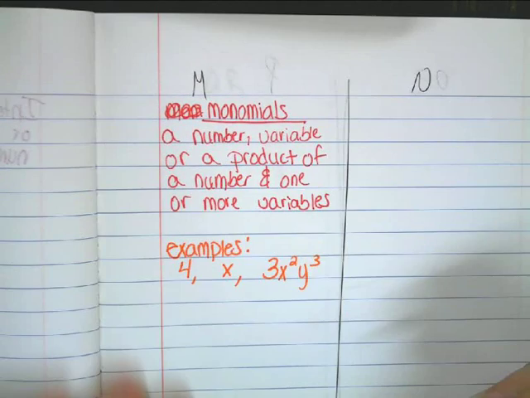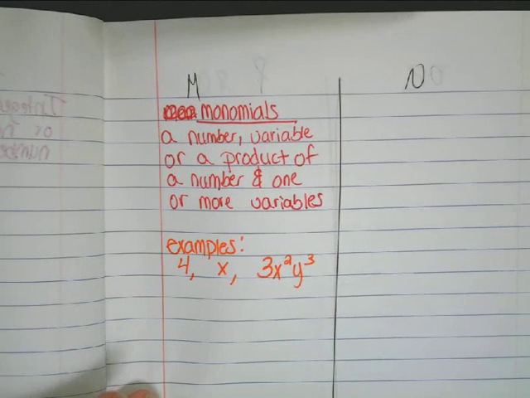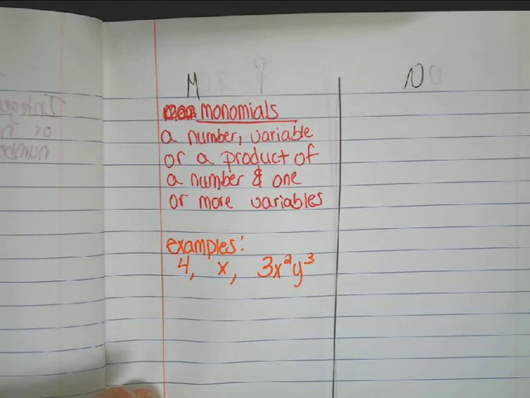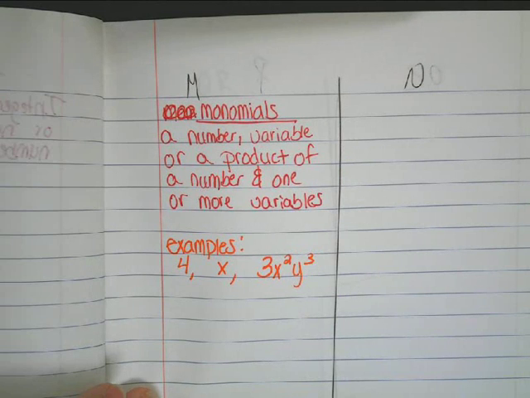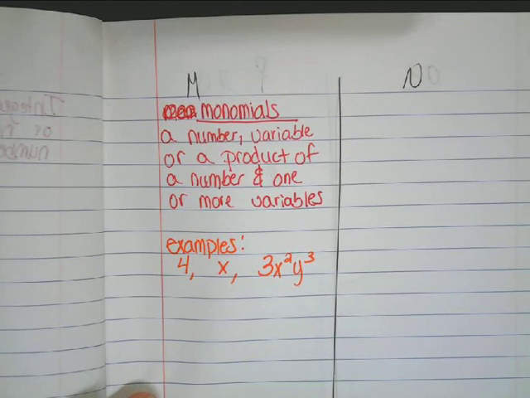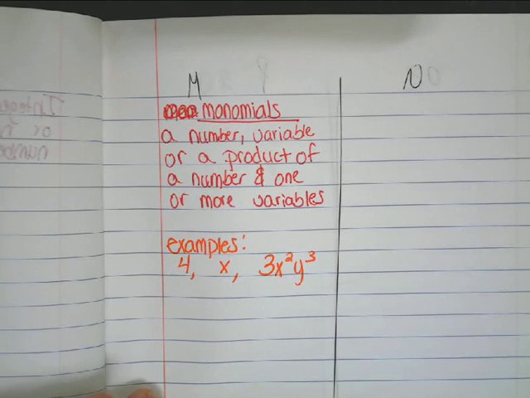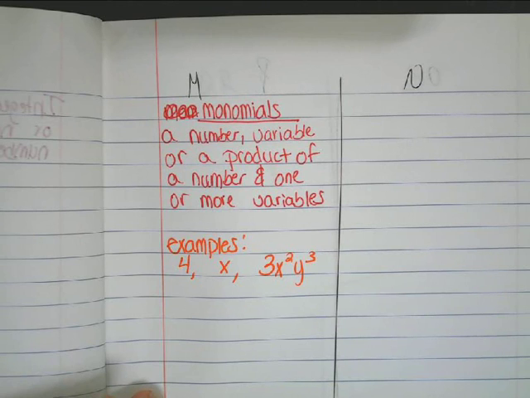Any of those are examples of monomials. Once you have that done, go back to page 20 in your notes.